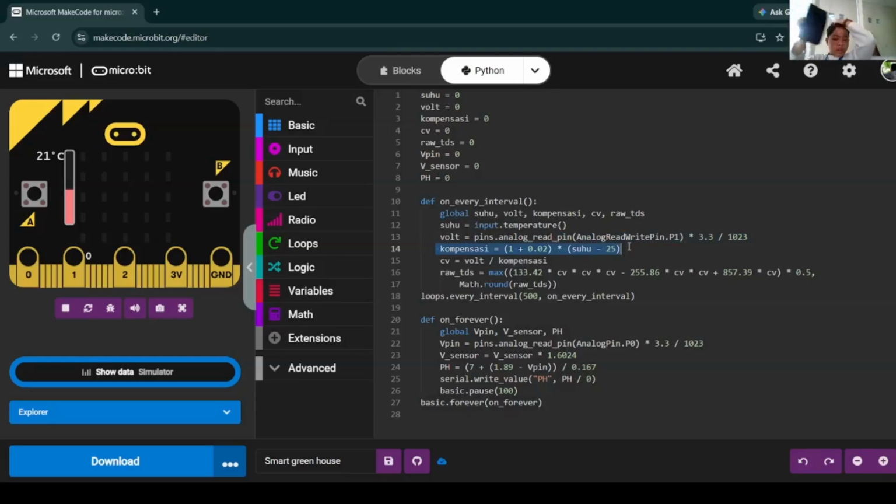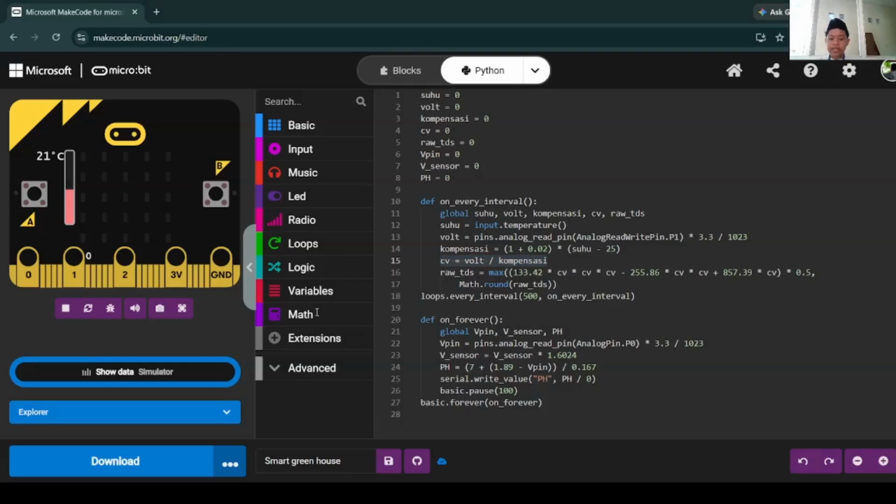And I read this one. The function of that line of code is to calculate the temperature compensation. This is used because water conductivity changes with temperature. So the program adjusts the sensor reading based on the temperature difference from 25 degrees. And after that, the function of this line of code is to calculate the compensated voltage.